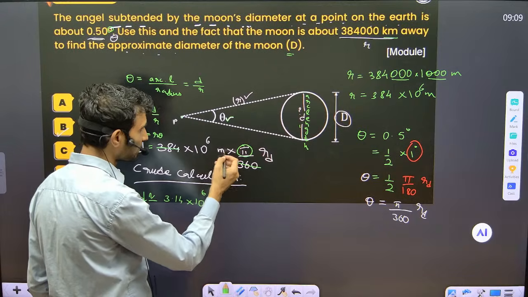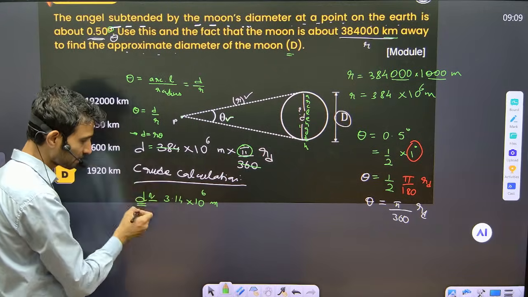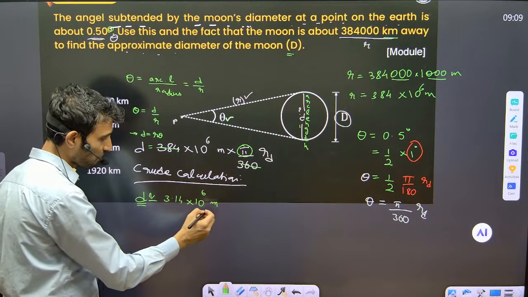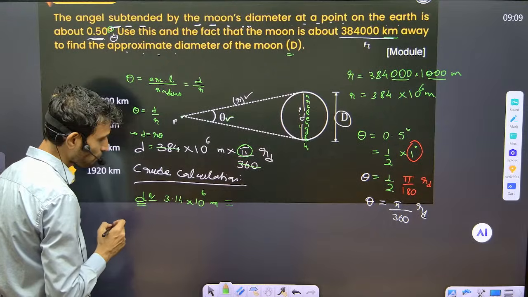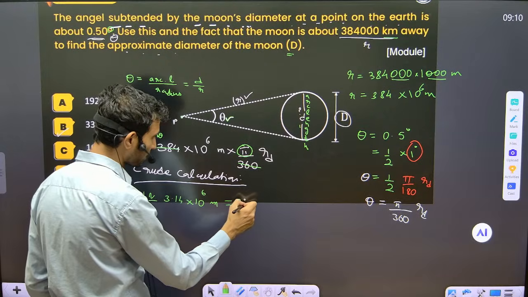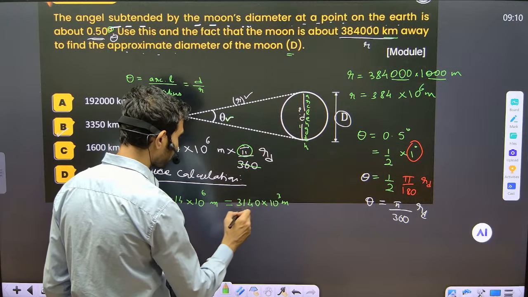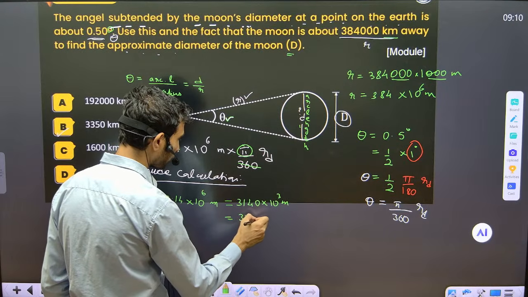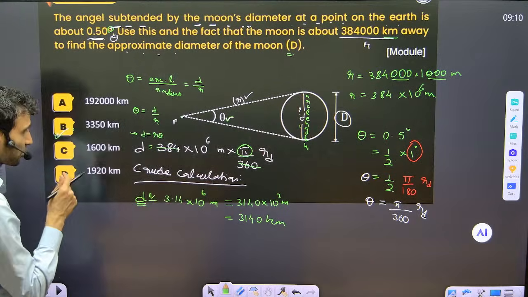And then meter it will come. The unit of D is in meters. Distance, diameter, the unit is meter. Standard unit. So what is it coming out to be? That is 3140 into 10 raised to the power 3 meter, which is like 3140 kilometers, right? And that is very close to the B option.